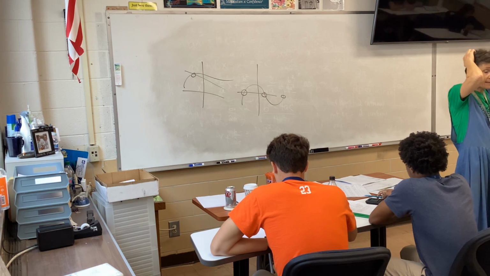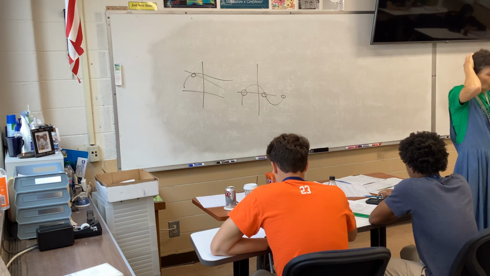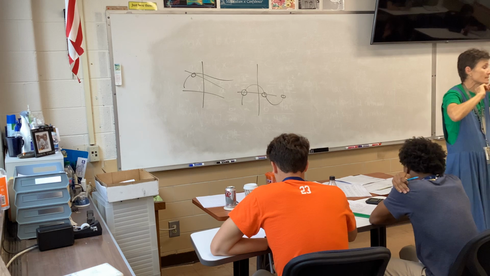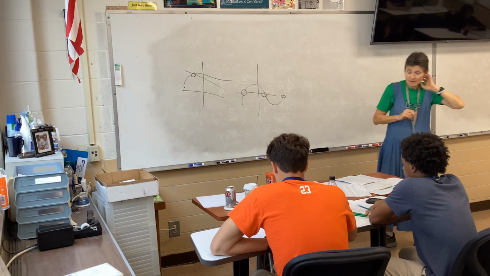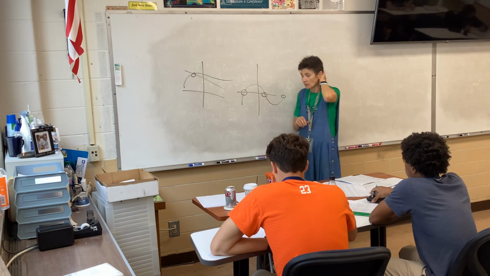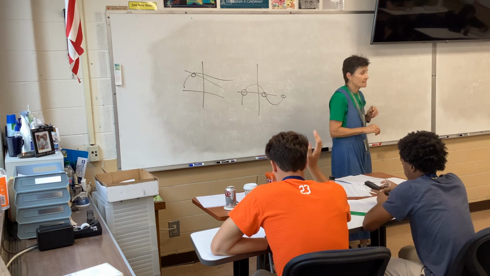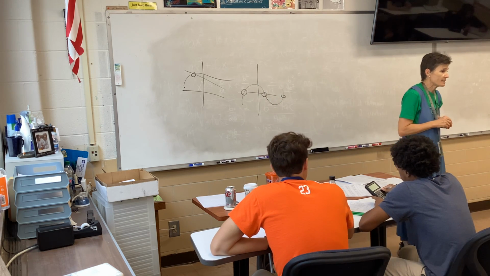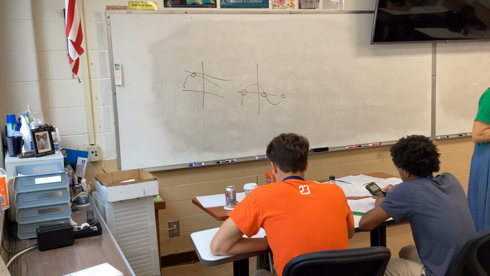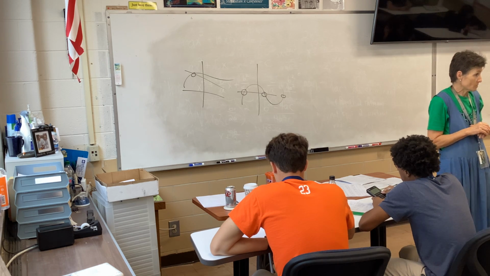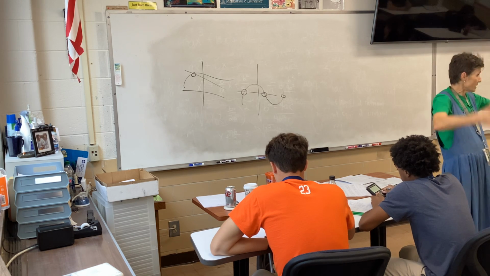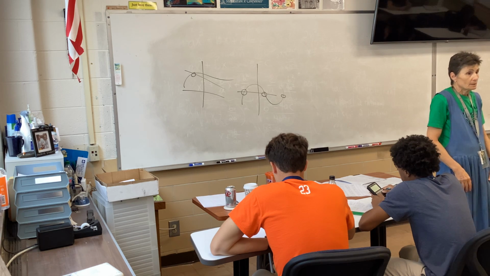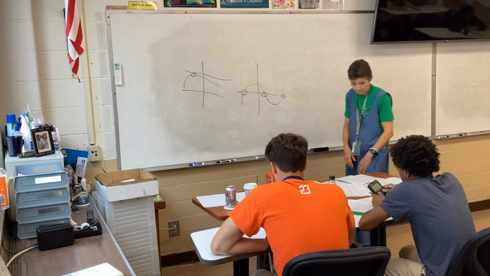Now, to find the x-intercepts, what's another word for x-intercepts? Zeros. To find the zeros, we go to second calc, pick the 0 option, set your left and right bounds on either side of your point, right? And figure out what it is.